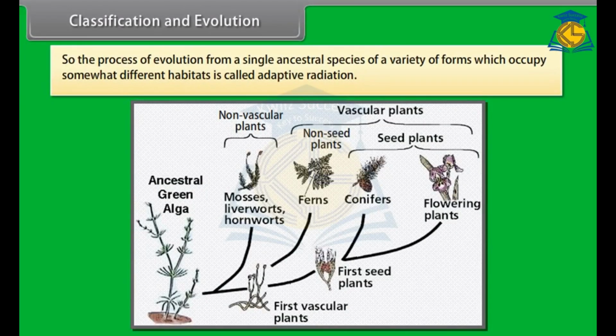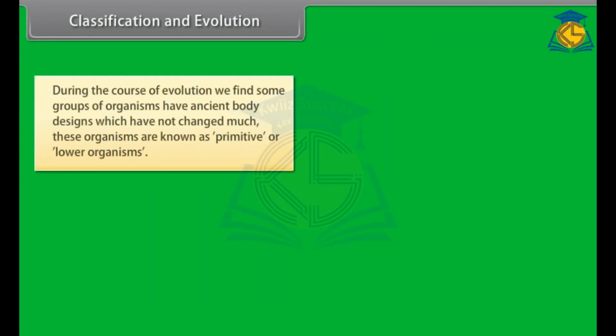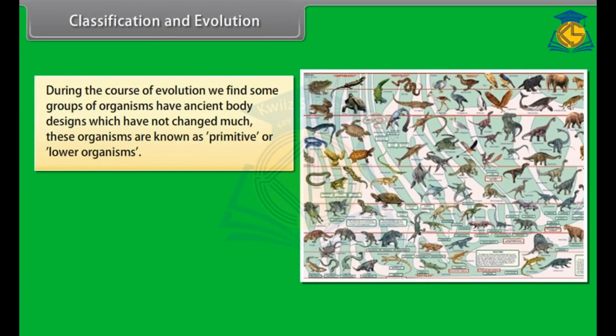So, the process of evolution from a single ancestral species of a variety of forms which occupy somewhat different habitats is called adaptive radiation. During the course of evolution, we find some groups of organisms have ancient body designs which have not changed much.